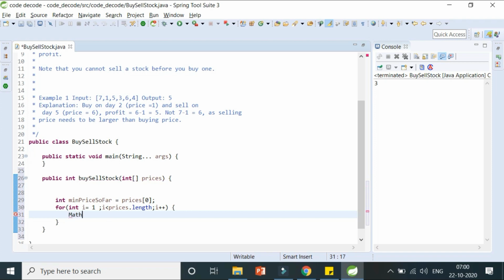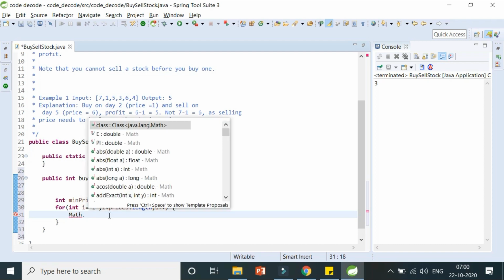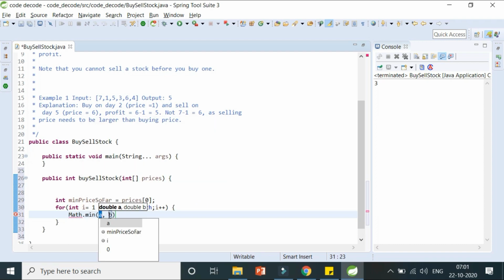So Math.min, and I'm comparing the minimum price so far and the current value, that is prices[i].